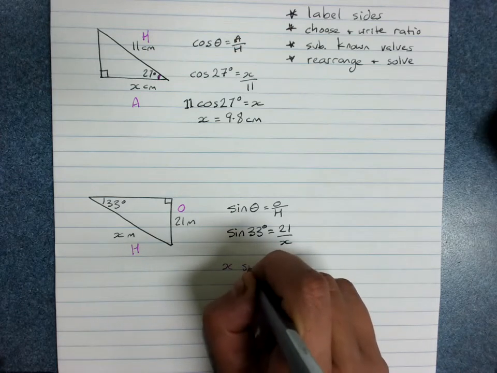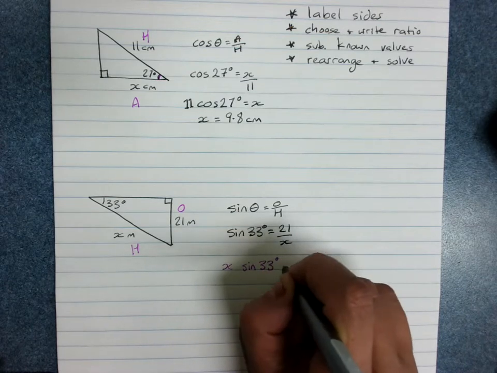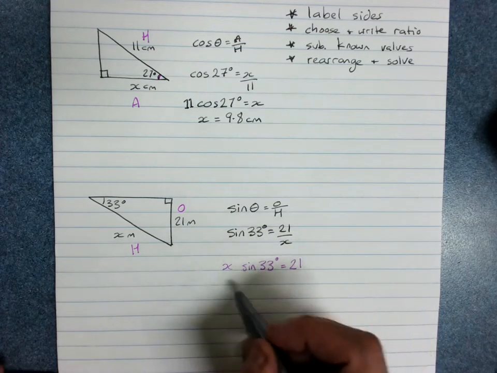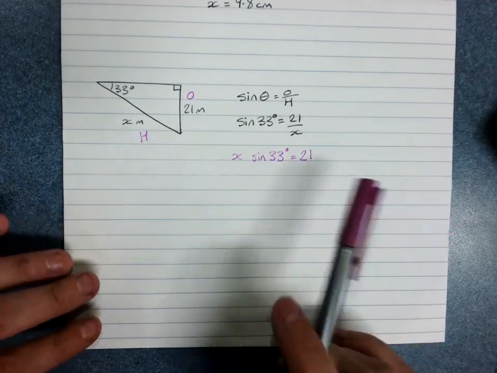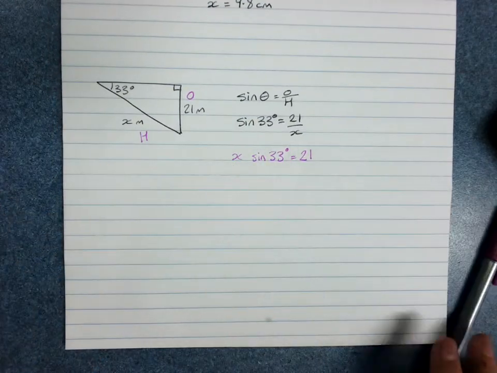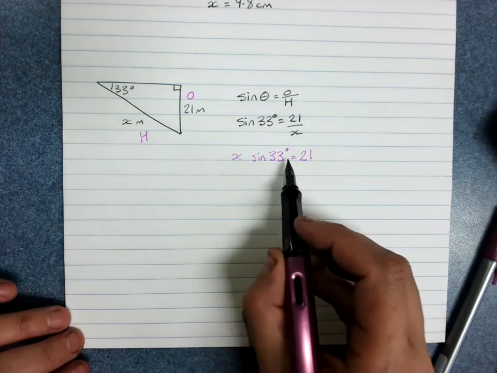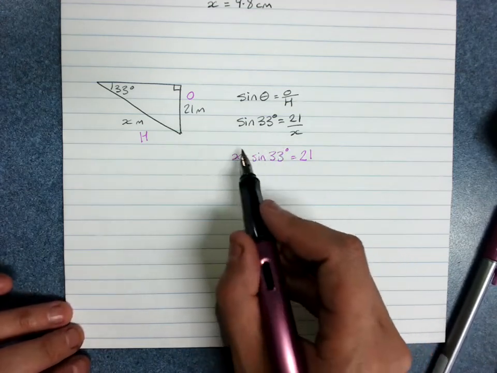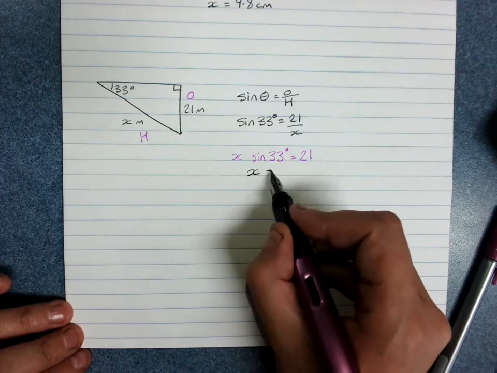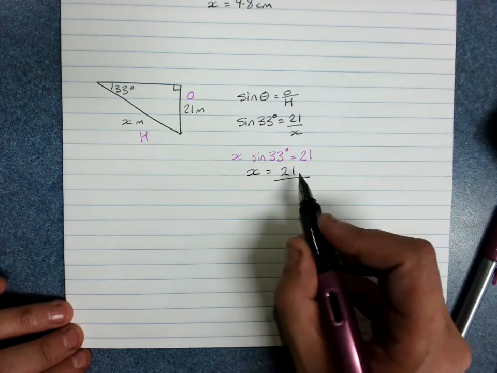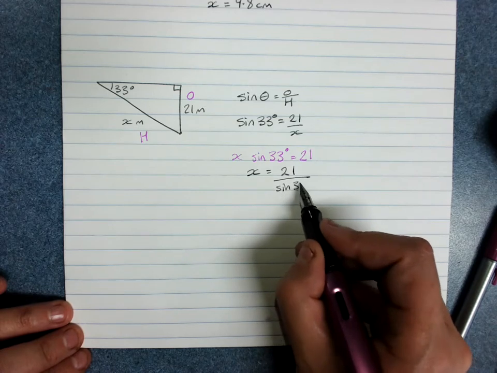X times sine of 33 degrees is 21, and the reason I'm putting this line in pink is that that's actually an optional line of working, because I still don't have x on its own. I've got x times sine of 33 degrees. I want to get x on its own. I'm going to divide both sides by sine of 33. I'll be left with x equals 21 divided by sine of 33 degrees.